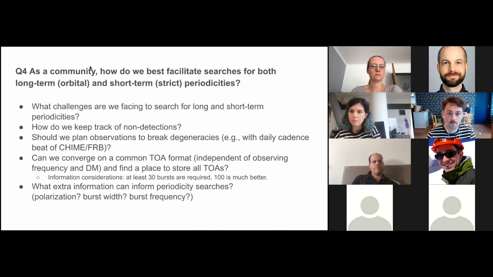Yeah, in that spirit, maybe we should also discuss how we report non-detections. Periodicity is not only where you find detections, it's also where you are not finding detections, right? So how do we keep track of these? Because it seems to me very hard.